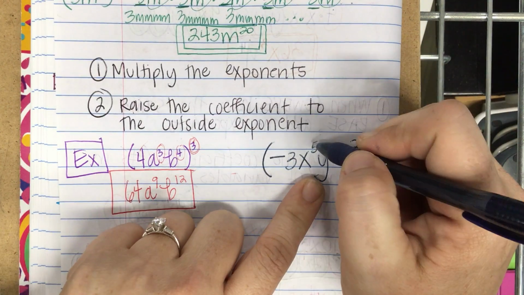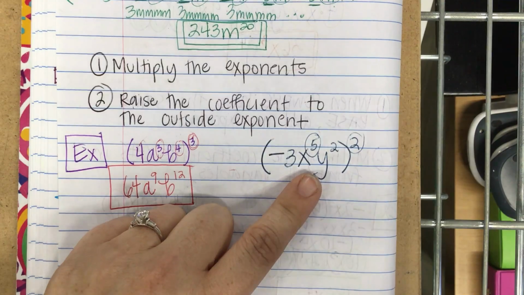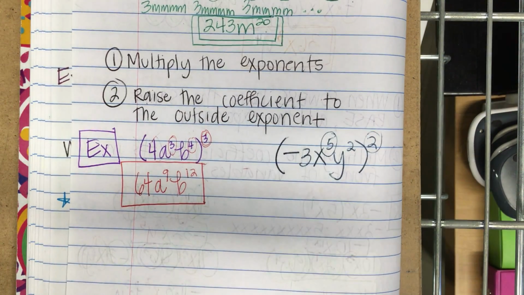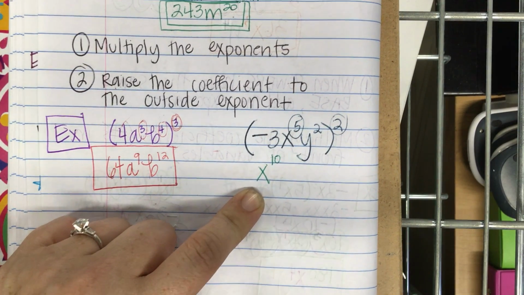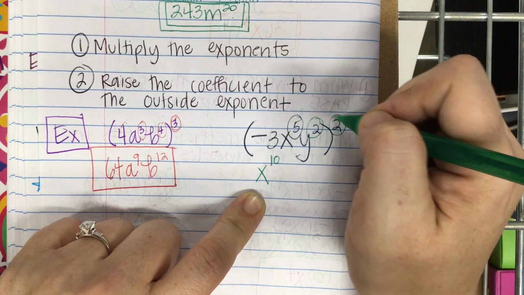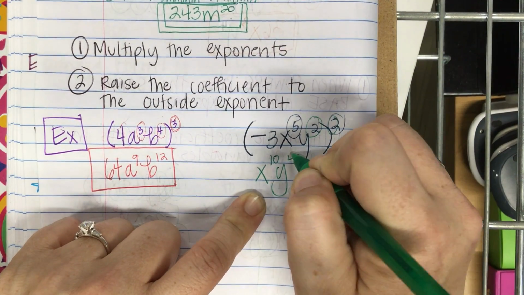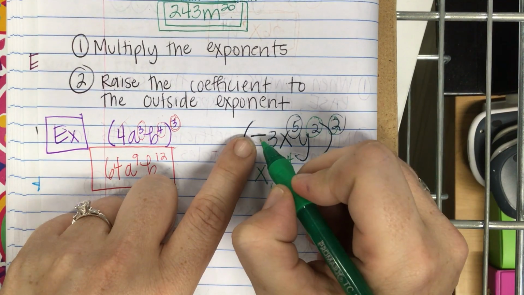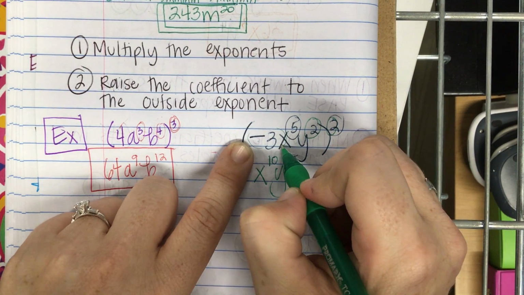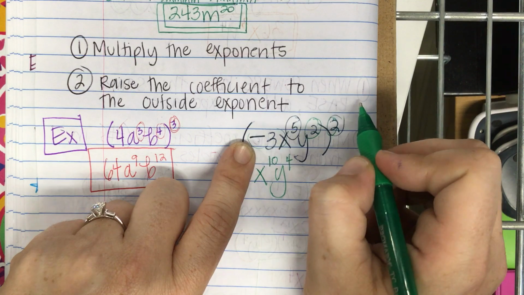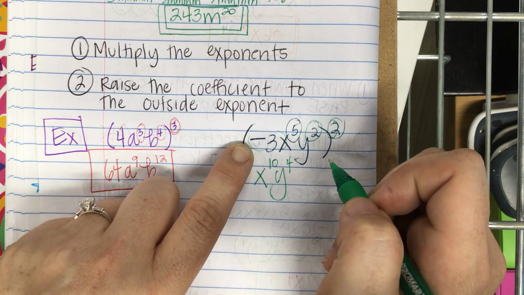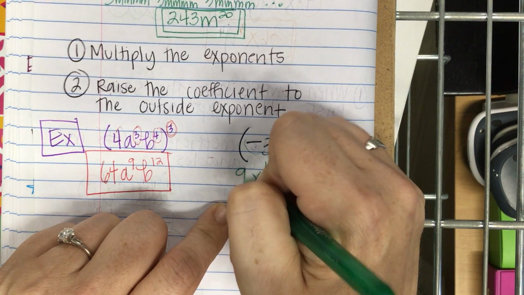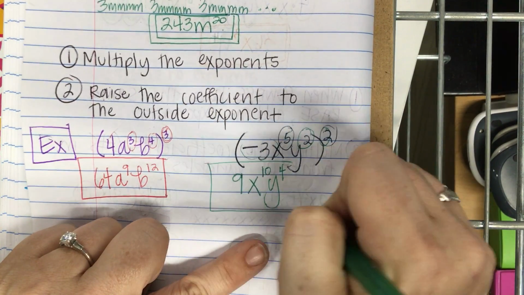Or 5 times 2 is x to the 10th. And 2 times 2 is y to the 4th. And -3 is inside parentheses squared. So that means -3 times -3, which is +9.